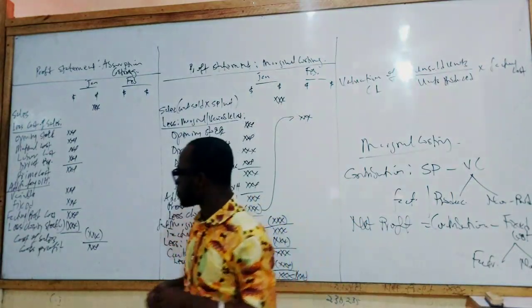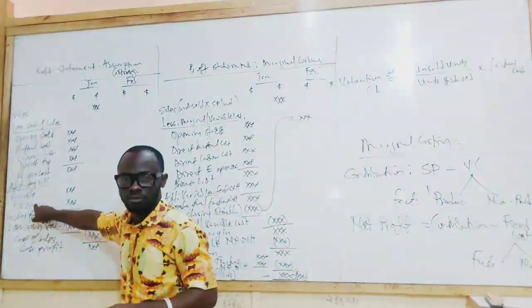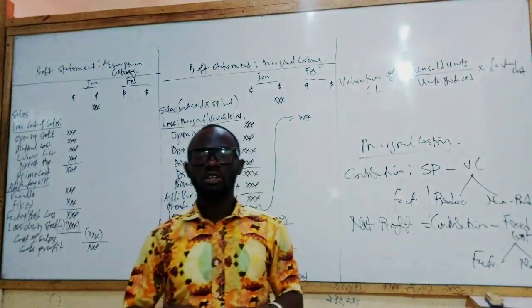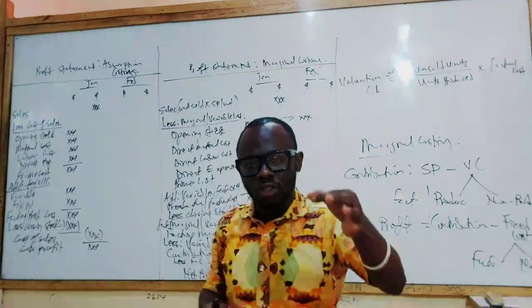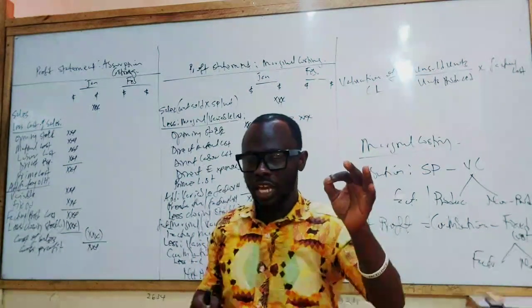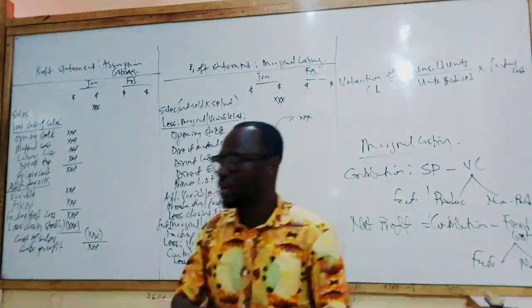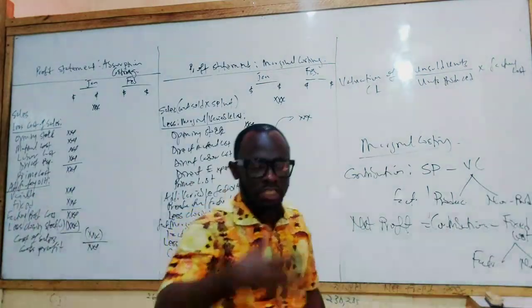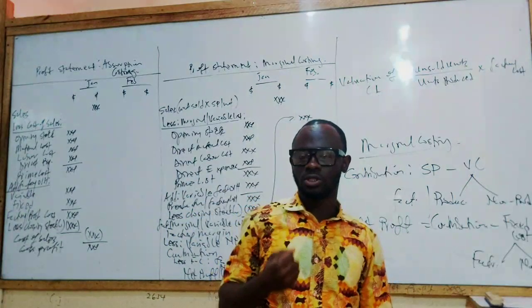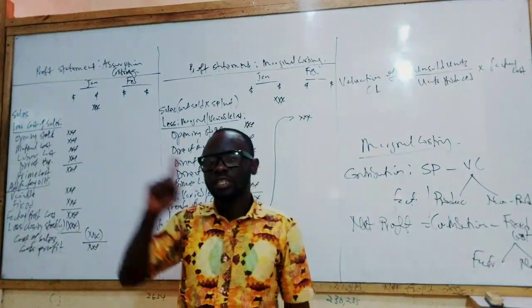Simple. Put it this way. The fixed overheads we are bringing here are always based on an overhead absorption rate we computed using budgeted information. Let me take that again. The fixed overheads that you will be bringing here is always an overhead absorption rate based on the budgeted information.